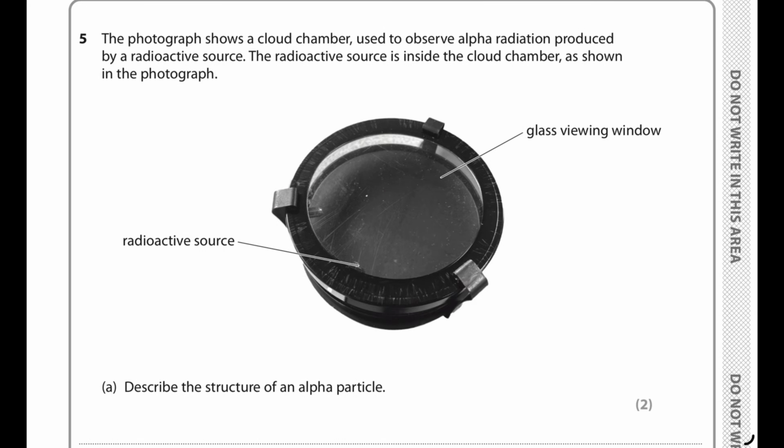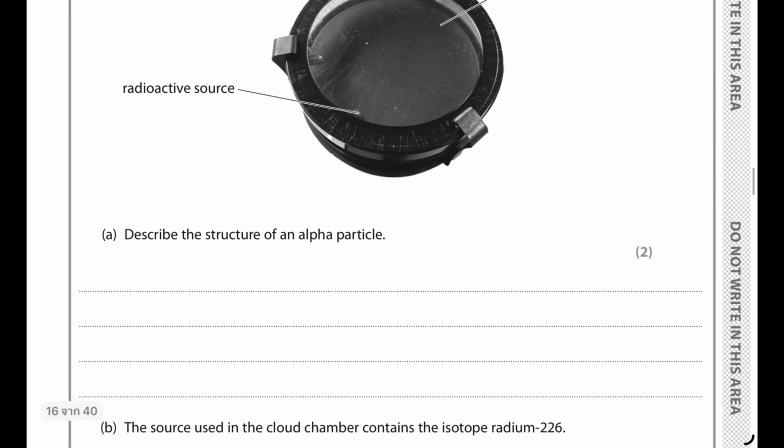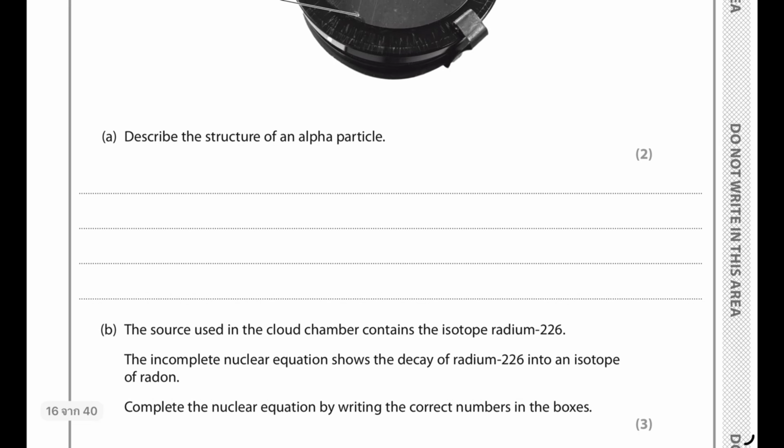Question 5. The photograph shows a cloud chamber used to observe alpha radiation produced by a radioactive source. The radioactive source is inside the cloud chamber as shown in the photograph. Describe the structure of an alpha particle.